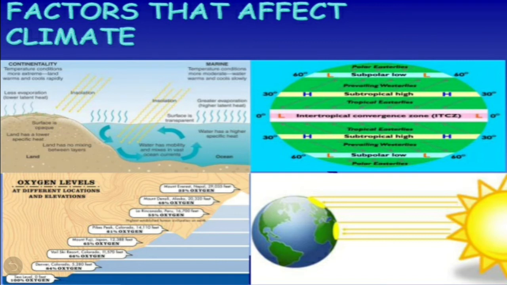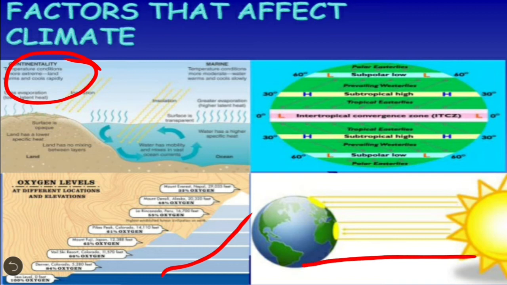Now, what we have explained just now is clearly explained with the help of the given example. This is the altitude, children. As we are going upwards to a greater height, the oxygen level is coming down. This is the continentality which I have explained, that is the distance from the sea and the closeness towards the sea.